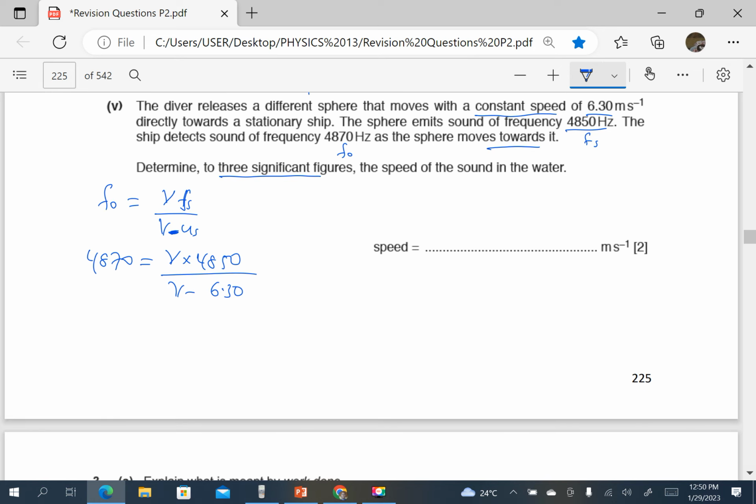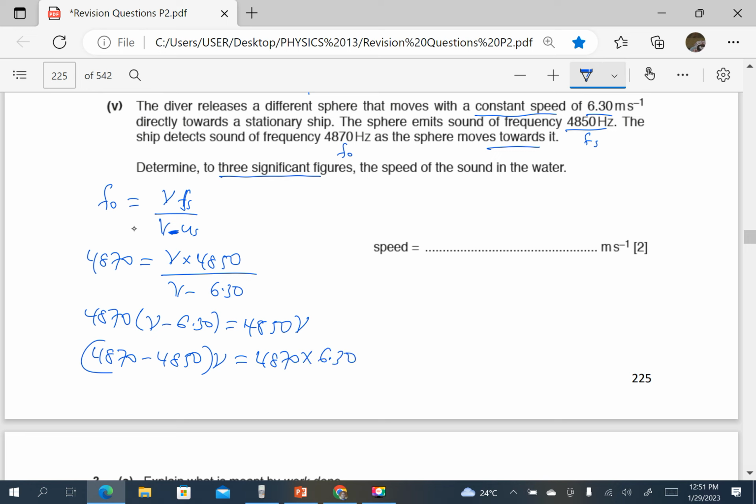So we are solving this. 4870 into brackets V minus 6.30 should be equal to 4850 times V. So you can open: 4870 minus 4850 into brackets V. I'm collecting like terms. It should be equal to the other side, 4870 times 6.30.